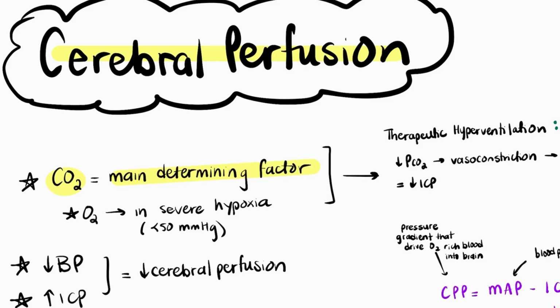Oxygen is a smaller determining factor, but only in cases of severe hypoxia, if the partial pressure of oxygen is less than 50 millimeters mercury. Also, other factors that determine the cerebral perfusion are blood pressure and intracranial pressure. And low blood pressure or high intracranial pressure means there's less blood coming to the brain.